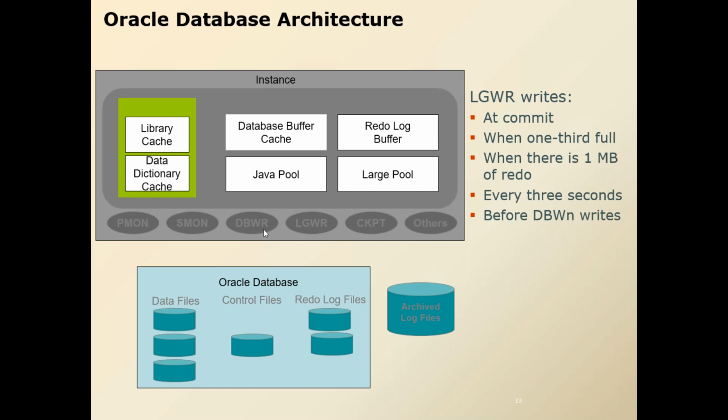So that means that before the data becomes available in the data files, your redo log files get the data. So the whole purpose of the redo log file is to recover the database in case of an unexpected event.